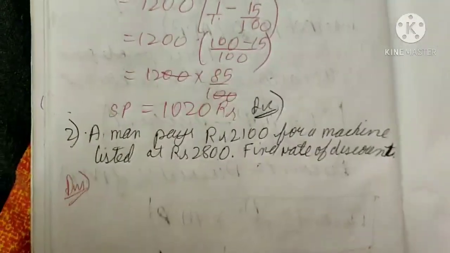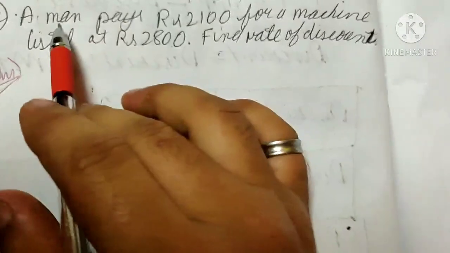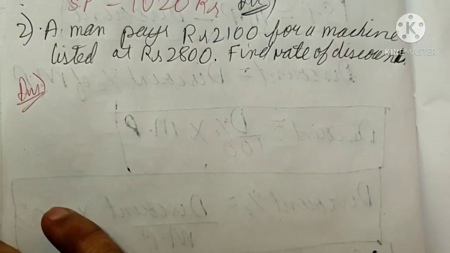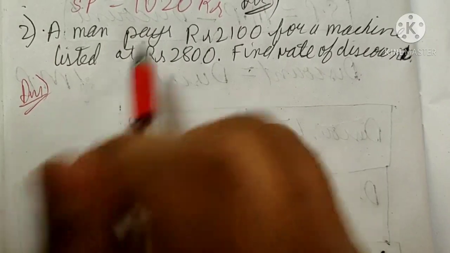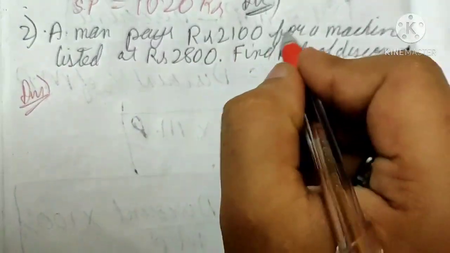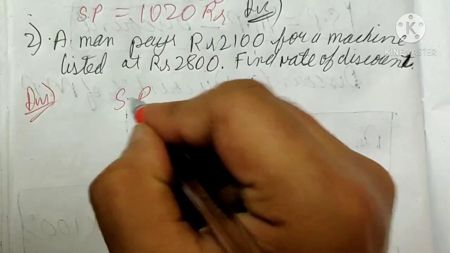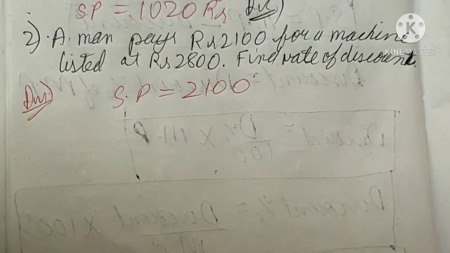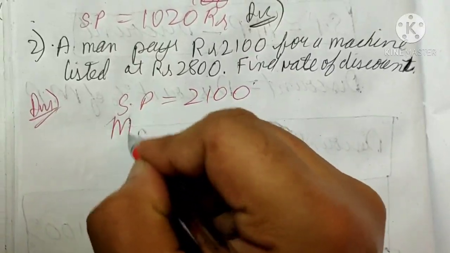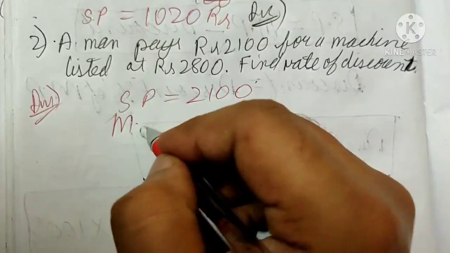So what next? Our next question says that a man pays rupees 2100 for a machine listed at rupees 2800. The man pays this much means SP is given as 2100. Listed means marked price.